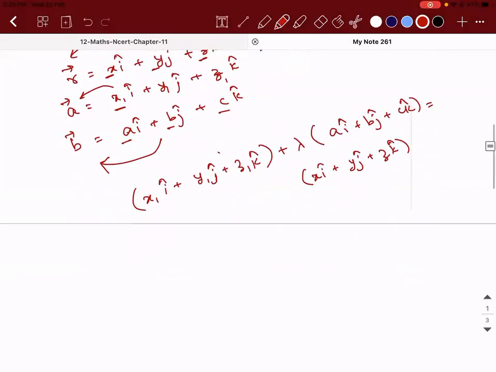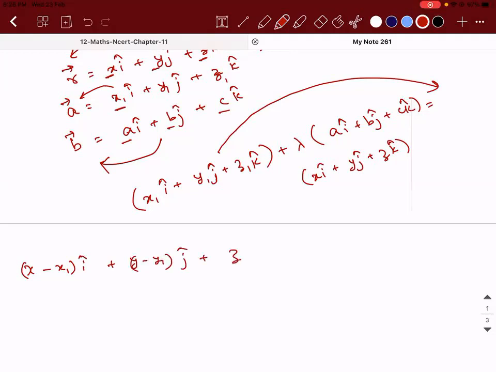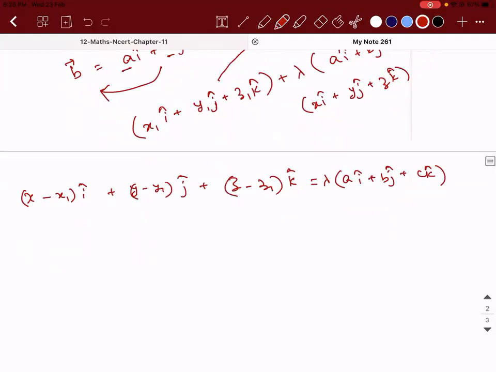Okay. Now we will take this whole thing to the right hand side. Then I can say (x minus x1) i cap plus (y minus y1) j cap plus (z minus z1) k cap is equal to lambda times (a i cap plus b j cap plus c k cap). Then I can say x minus x1 divided by a will be equal to y minus y1 divided by b will be equal to z minus z1 divided by c, which is a constant lambda.